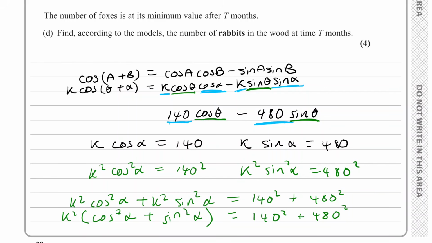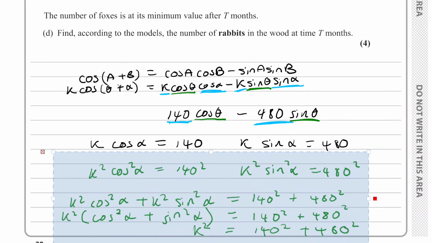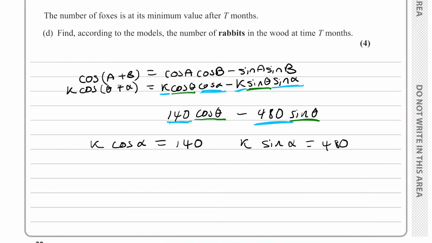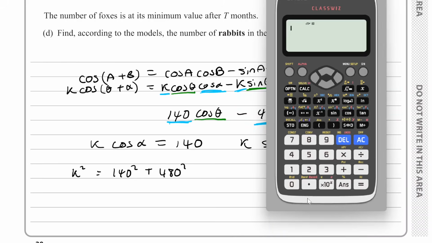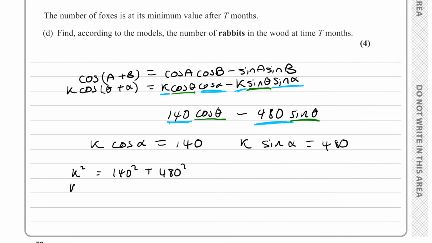And cos squared theta plus sine squared theta equals 1. So we're just left with k squared equals 140 squared plus 480 squared, so square root, and we get k. Now you don't have to remember where it comes from, you just need to know to find k, use Pythagoras. So k squared is 140 squared plus 480 squared, square root, and we get k is 500.